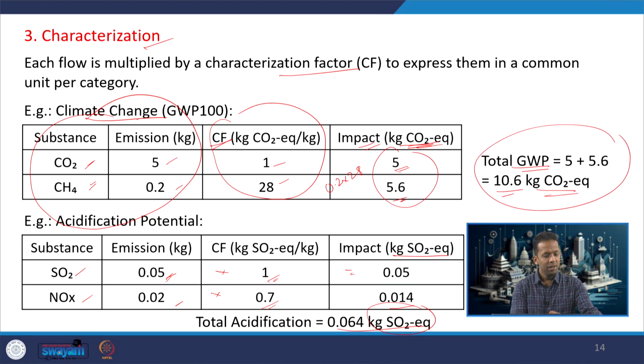Similarly, it can be done for each midpoint impact category, such as climate change, acidification and eutrophication, all those impacts listed for one process or for multiple processes, depending on how much data we have in the life cycle inventory.